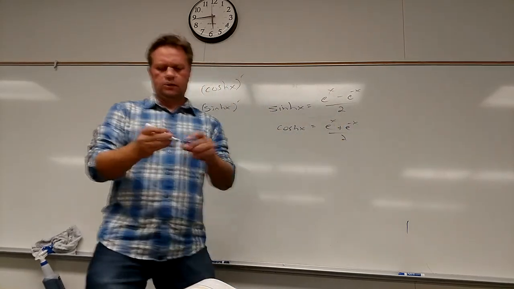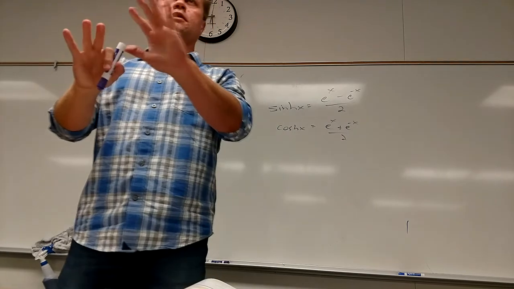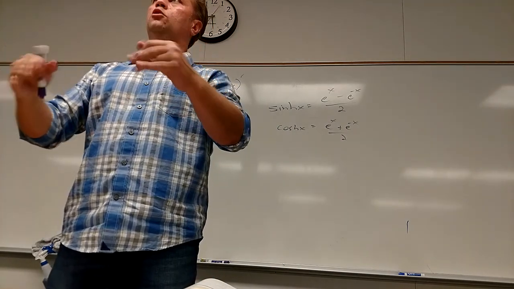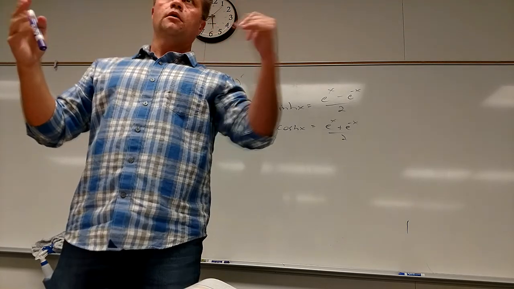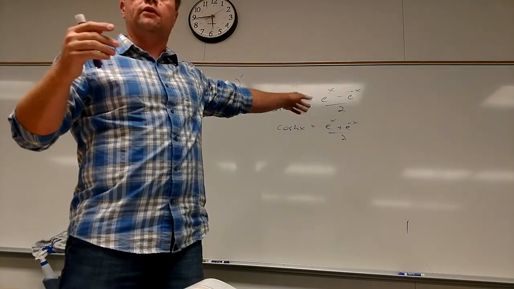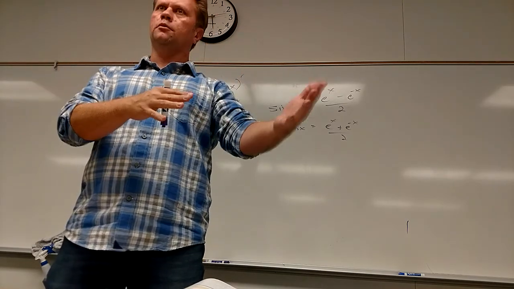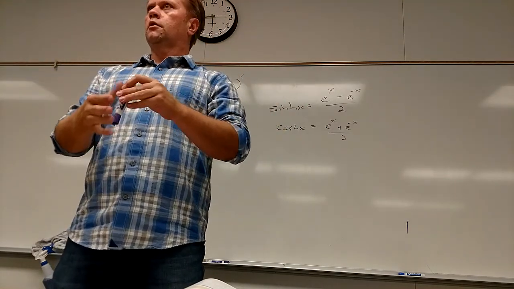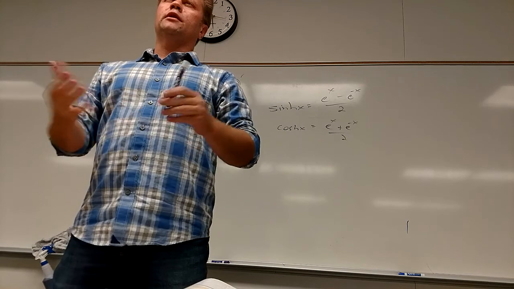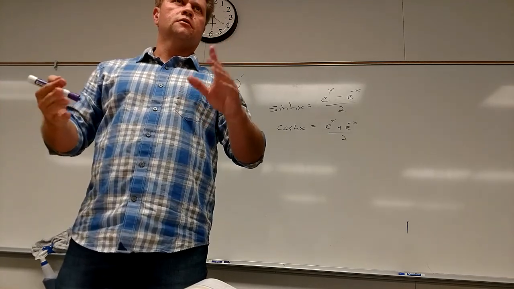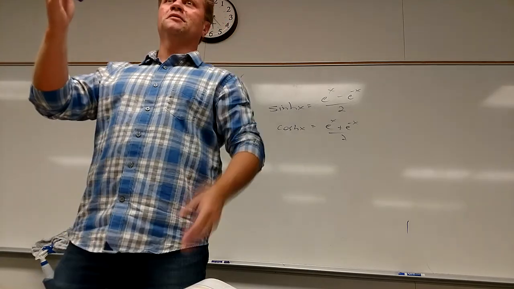Let me see. This is the one level down. Cosh and sinh are actually linear combinations of e to the x and e to the negative x that we just defined as cosh and sinh because they have properties that are similar to sine and cosine. And they're sort of related to what sine and cosine would look like if I use hyperbolas instead of circles, which is what I call hyperbolic.